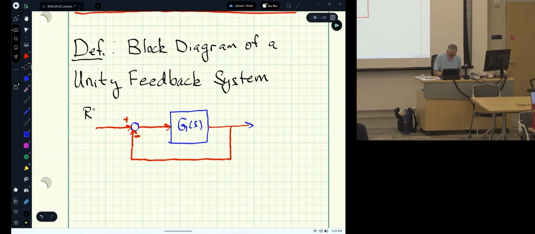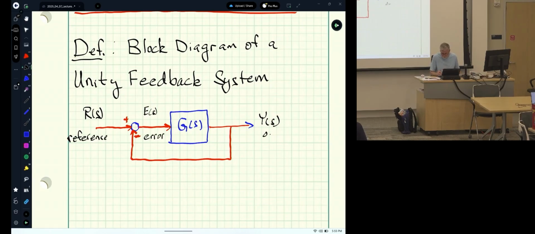This is going to be called a reference, R of S. This is going to be called the output, Y of S. And this is going to be called the error signal. So this is reference, error, output.